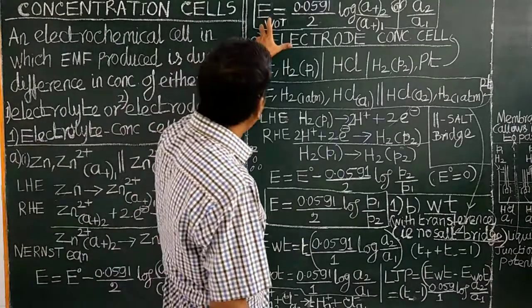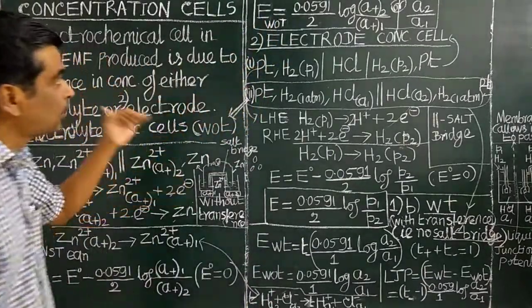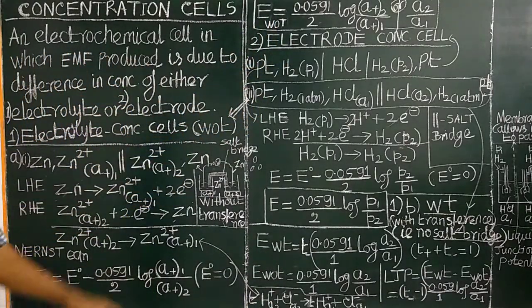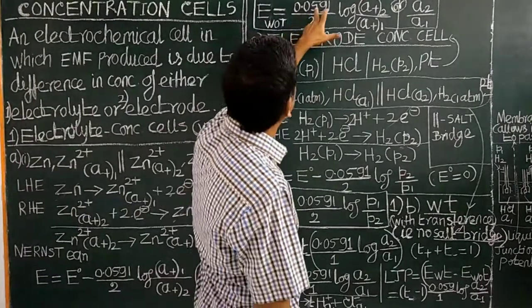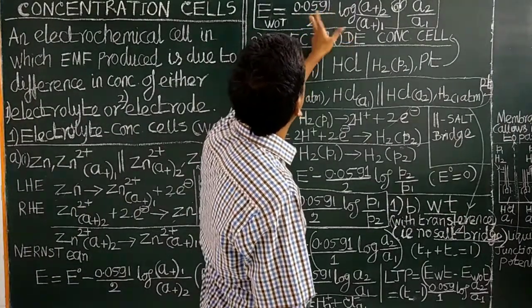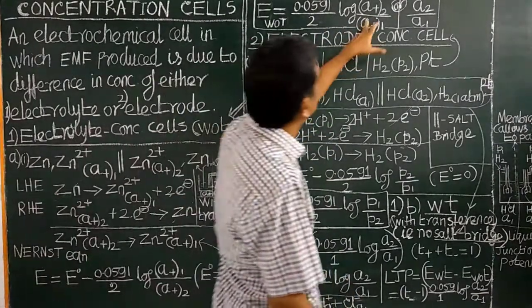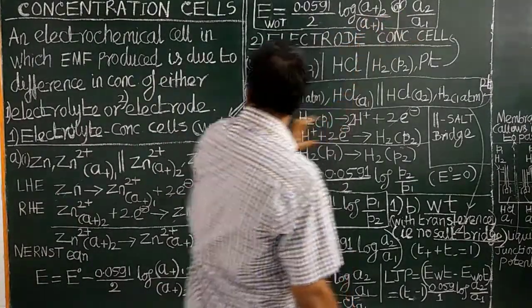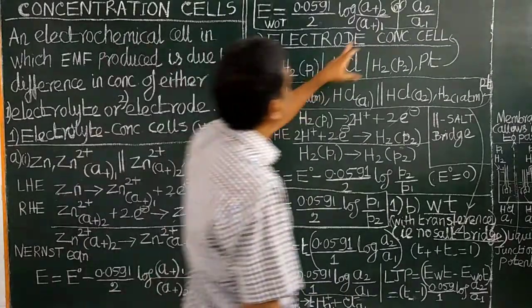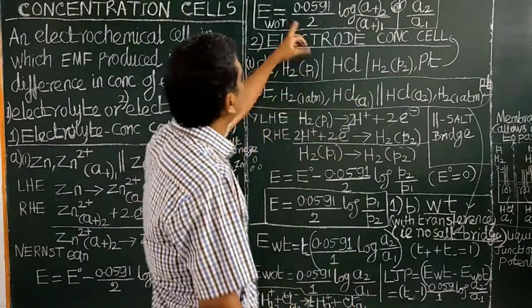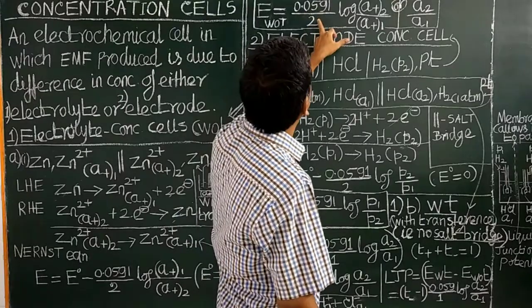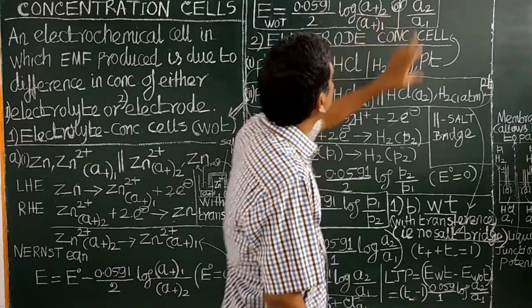Therefore, the EMF of the electrolyte concentration cell produced is equal to 0.0591 divided by n log of the inverted activity ratio. The general formula is 0.0591 divided by n log A2 by A1.